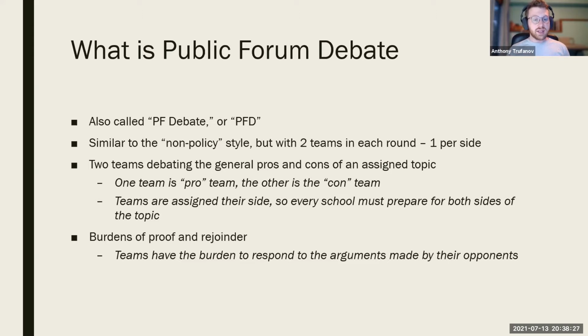So we'll get into this in our second session when Shanna tells you all about what makes up an argument, but it's not enough to just say something or assert that something is true, right? If I want to prove cats are better than dogs, I can't just say cats are better than dogs. I have to provide a reason, or I haven't made an argument yet, and the other team doesn't have to respond to what I said. So that's the burden of proof. Pretty simple. To make an argument, you have to provide some proof for it.